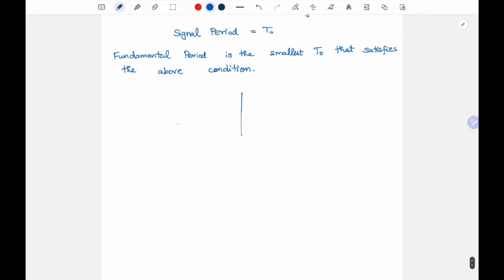So for example, if we take a square wave, and let's say it is repeating. So 0, I said this is 1, and this is 2, so this will be 3, 4, and you will see another square wave. And here this side you will see -1, -2, and so on, right?